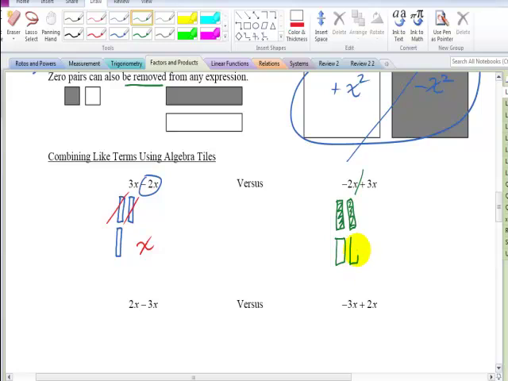I'm lining these up for a purpose. Why did I line up those two? Yeah, because I can put a circle around them and cross them out. They make a 0 pair. Okay. What's left over? The x. You should know that these here are the same. Right? We have a 3x and a negative 2x. Okay, we just put them together.